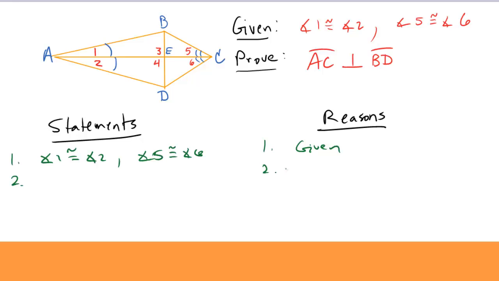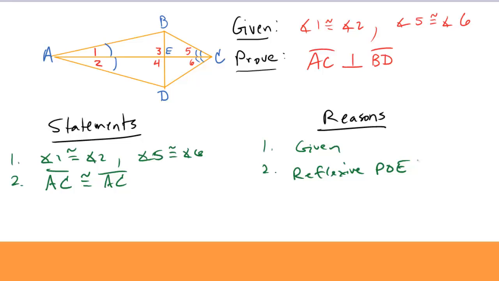Those are part of the triangles that make up the top half and the bottom half of my picture. And I can actually then show that triangle ABC is congruent to triangle ADC, as long as I have the pair of sides between that pair of angles. And I do because I know AC is congruent to AC, which is, as you know by now, the reflexive property of equality.